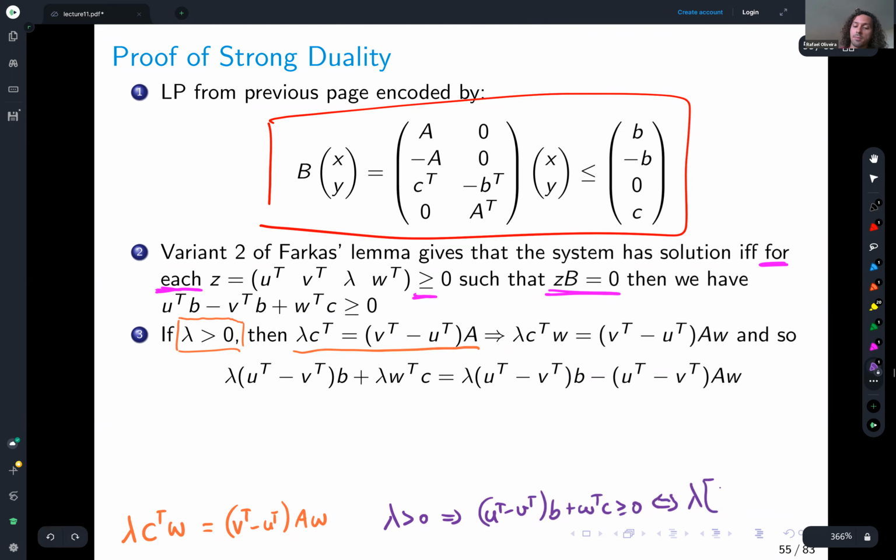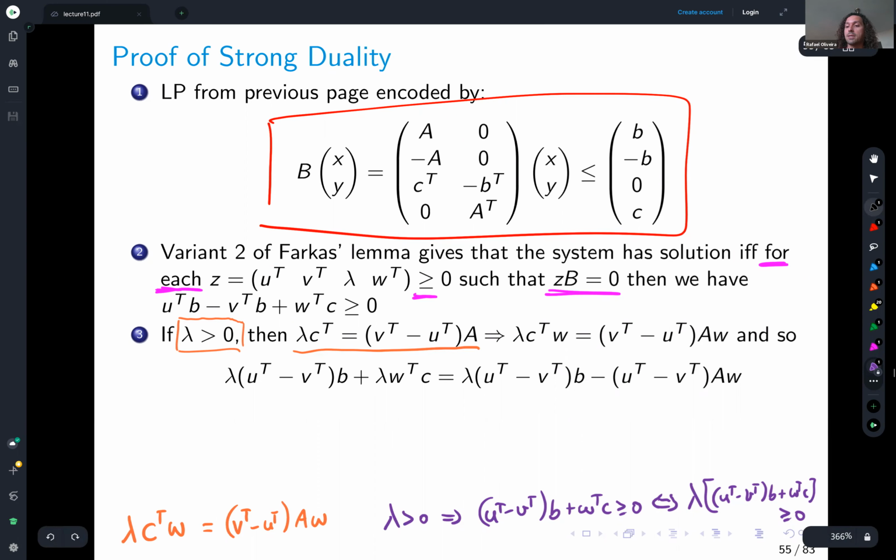Lambda times U transpose minus V transpose B plus W transpose C is also greater or equal to 0, just because an inequality doesn't change if I multiply both sides by a positive number. So it's just enough to prove that lambda times that is non-negative.